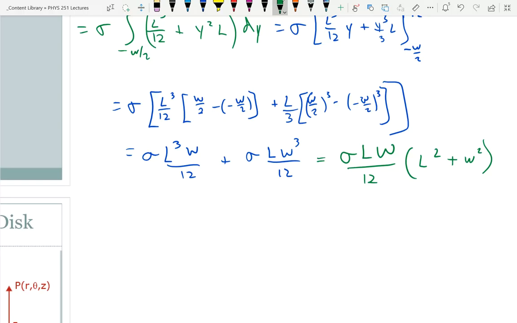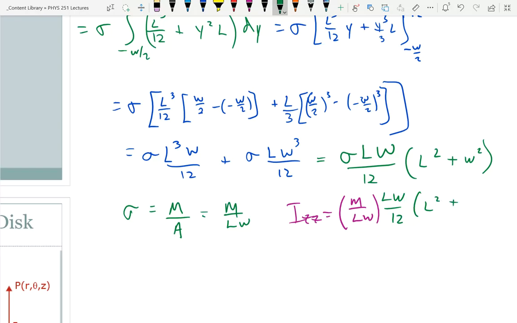Since sigma equals mass over area, and for a rectangle, area is length times width, I can put that in here. IZZ is equal to, for sigma, mass over length times width, and then keeping on with the length times width over 12 times length squared plus width squared.